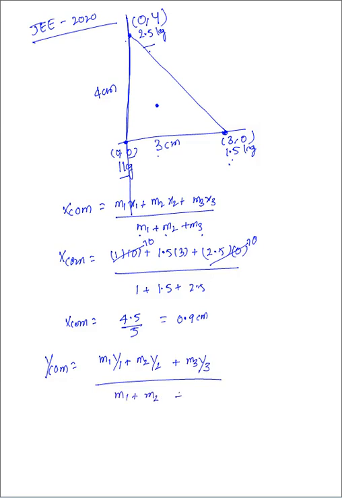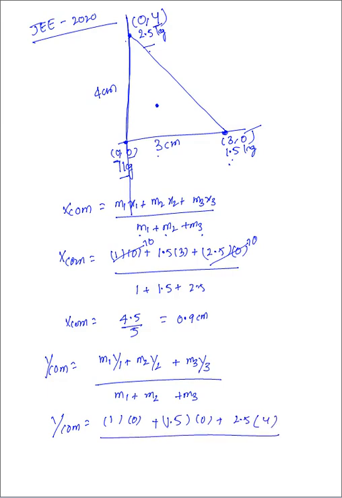Therefore YCOM is m1 is 1, y1 is 0, plus m2 is 1.5, y2 is 0, plus m3 is 2.5 into the coordinate 4 we have here. Divided by m1 plus m2 plus m3, which is 5. So 2.5 into 4 is 10, and 10 by 5 is 2. Therefore we get 2 centimeters.